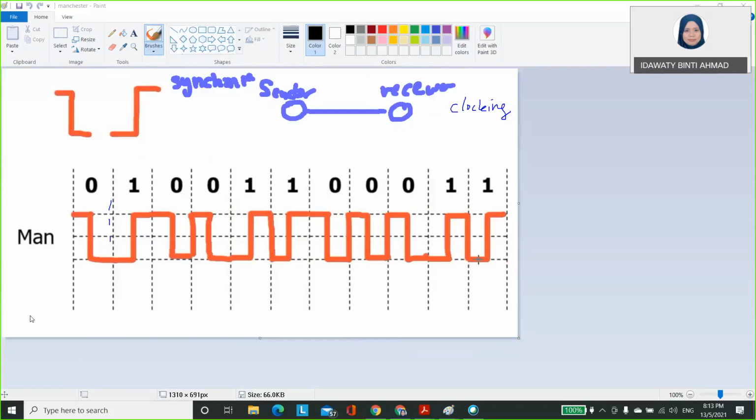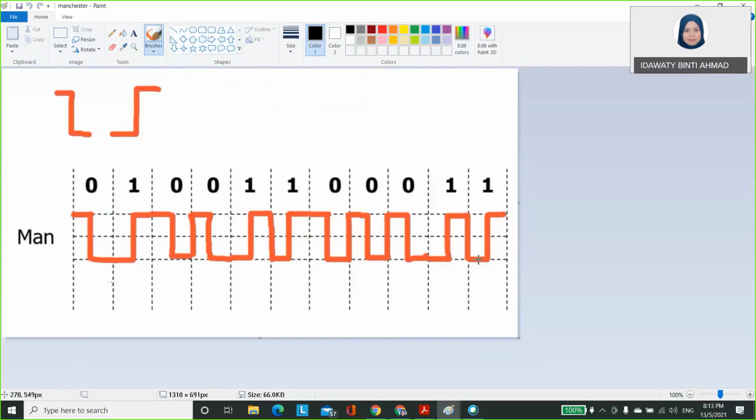So how do I use this? You have a dot here. This dot is the clocking part.